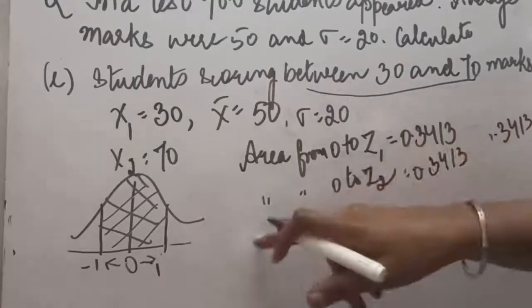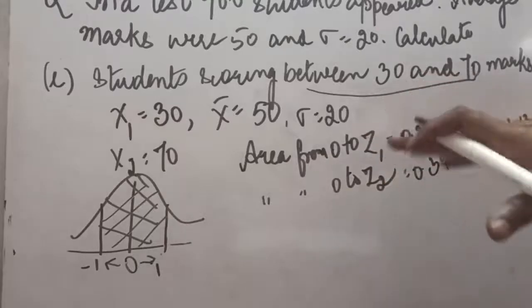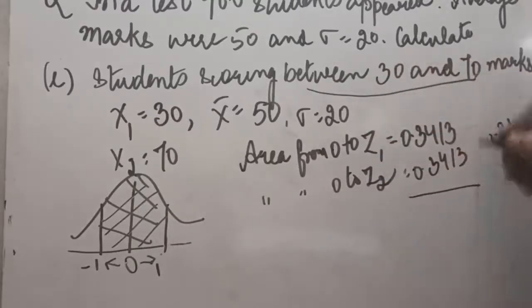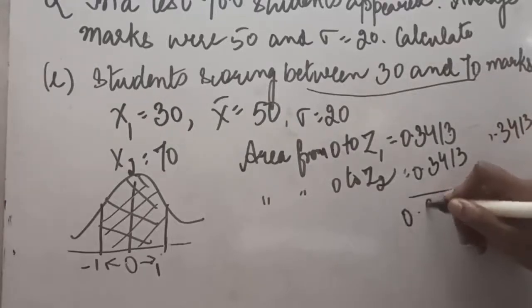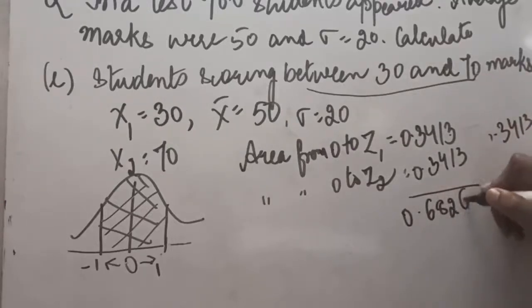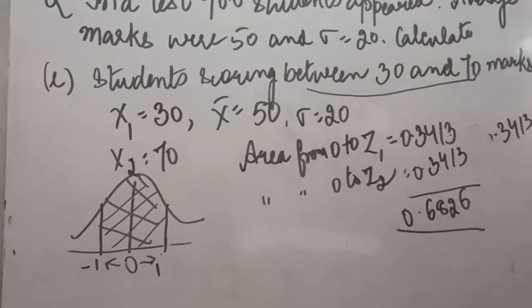So we can write here that the area between 30 and 70 marks will be 0.3413 plus 0.3413. So this will be 0.6826.